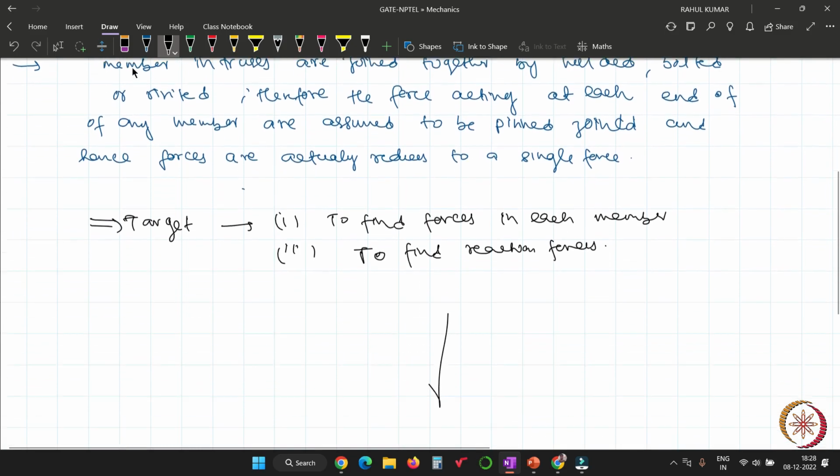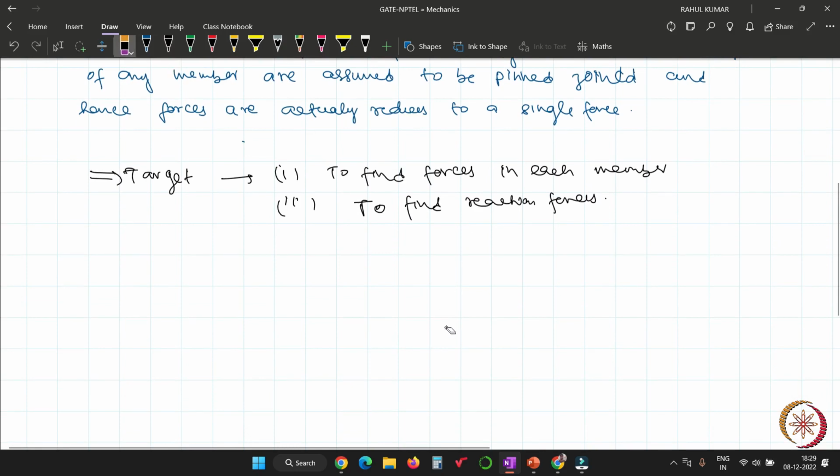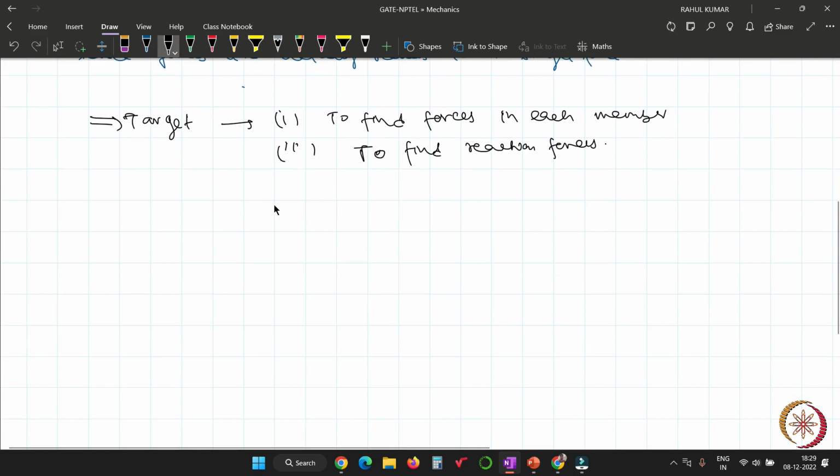So let's see one simple truss. Very simple. Suppose there is a truss such that the situation is like this, and there is one more member, and there is a vertical force P, and all those members are connected by pin joints.